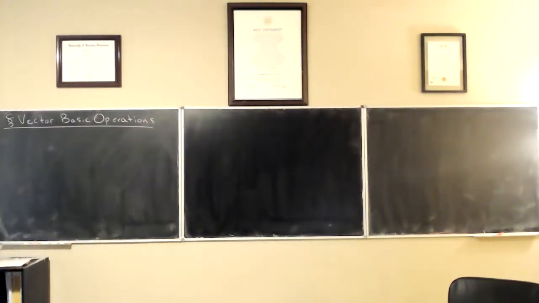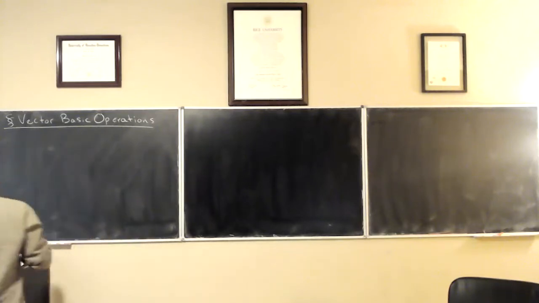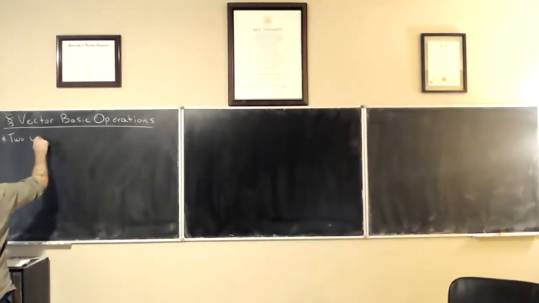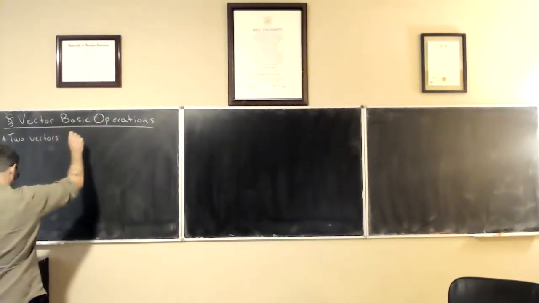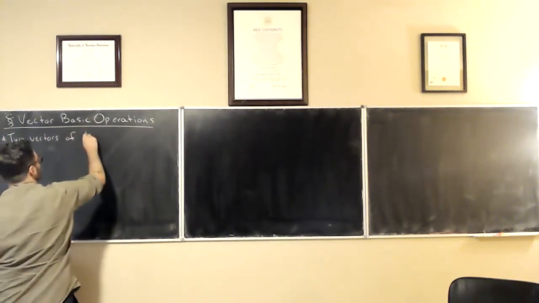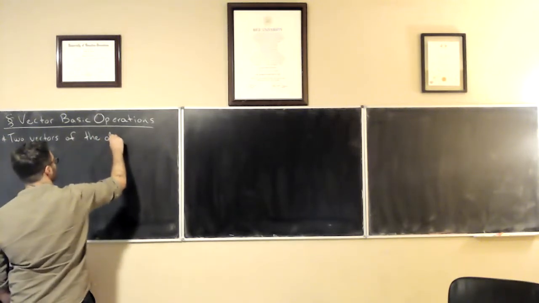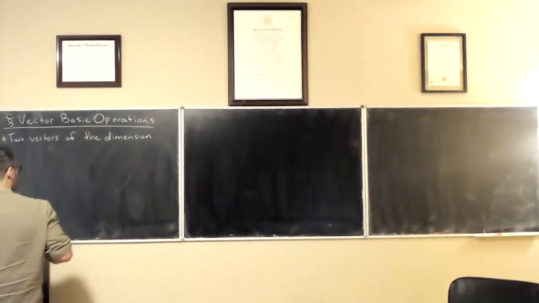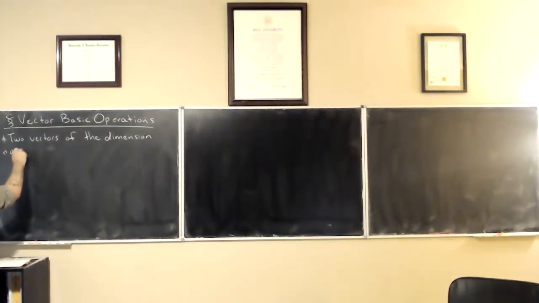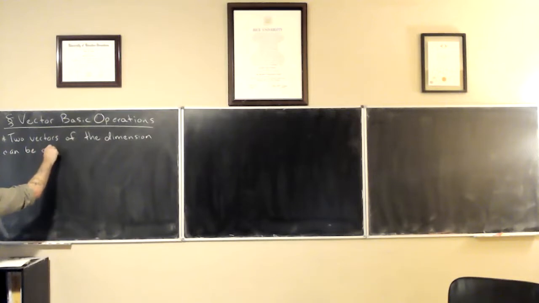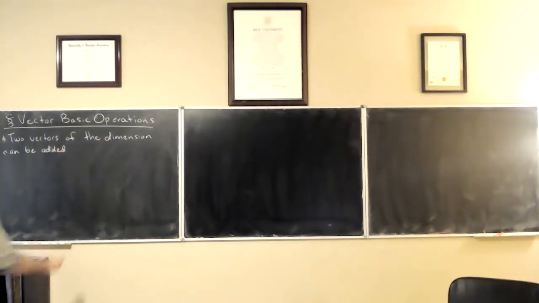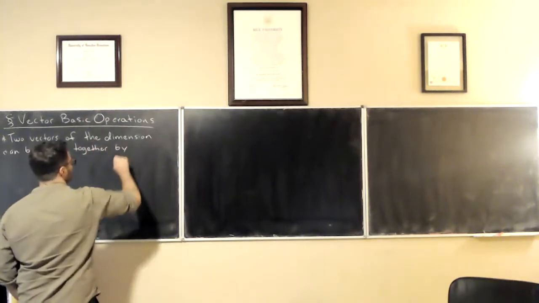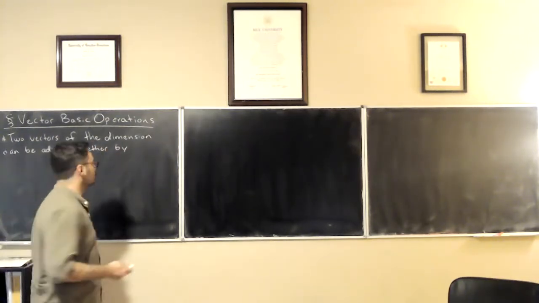Okay, so let's start with vector addition. Two vectors of the same dimension can be added together by adding the corresponding components of the vectors.